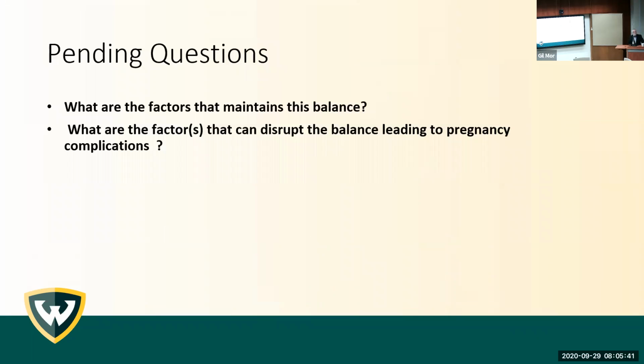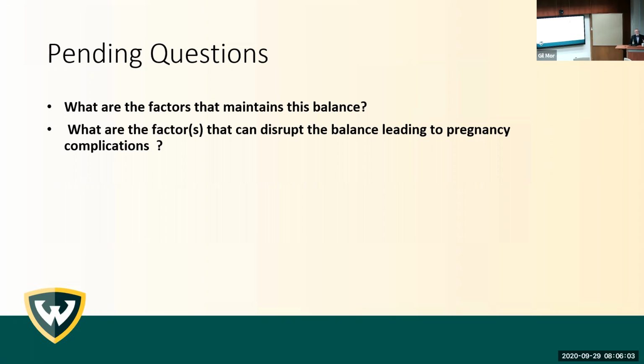So the questions, and again, there are so many studies already done in that area by multiple groups, but I think the questions that are pending now are: what are the factors? What exactly are those mediators of this balance? And of course, when the balance is not maintained, we know that pregnancy complications exist.